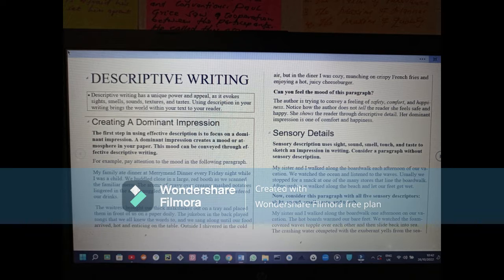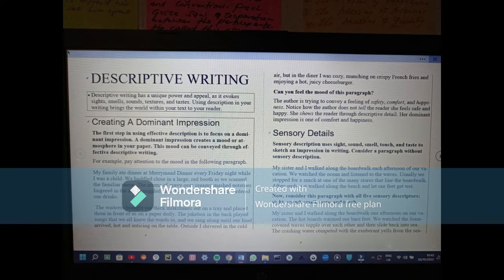Now listen to this. My family ate dinner at Mary's diner every Friday night while I was a child. We huddled close in a large red booth as we scanned the familiar menu. The aroma of gravy over creamy mashed potatoes lingered in the air. I snuggled close to my mom's arms as he ordered our drinks.